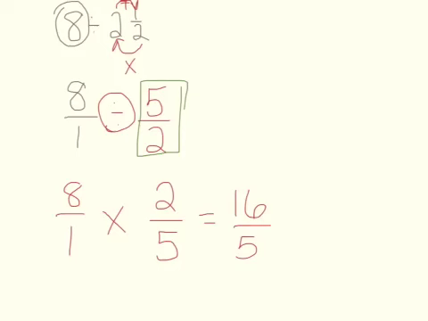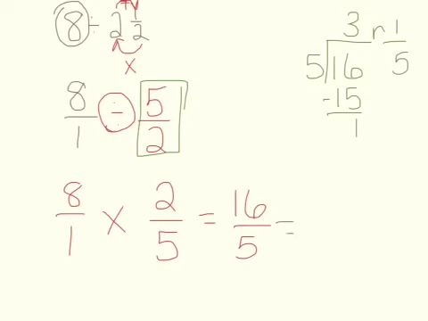Off to the side, we're going to do 16 divided by 5. 5 can go into 16 3 times. 5 times 3 is 15. 16 minus 15 is 1, so our remainder is 1, and our denominator is 5. So 16/5 as an improper fraction is equivalent to the mixed number 3 and 1/5.